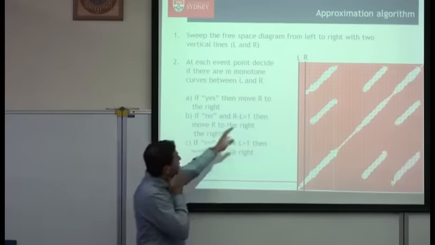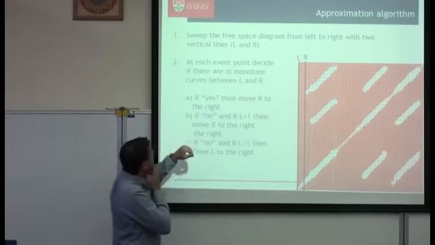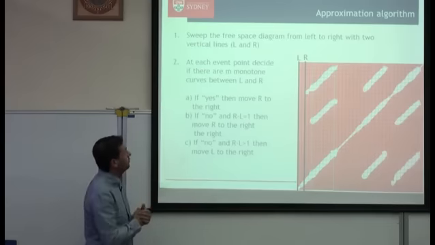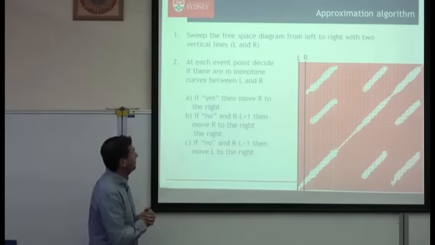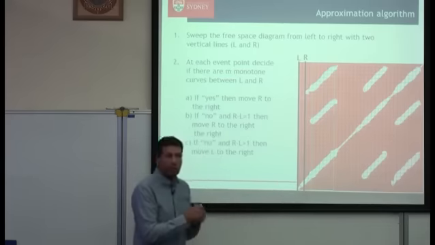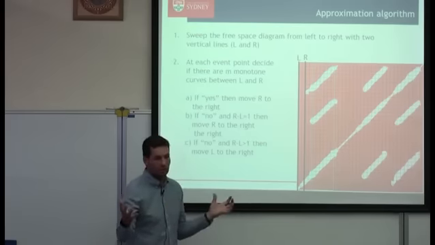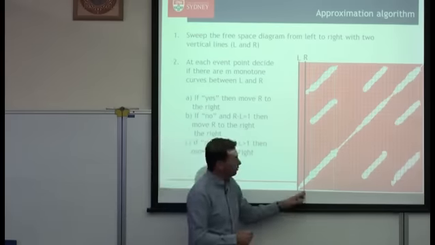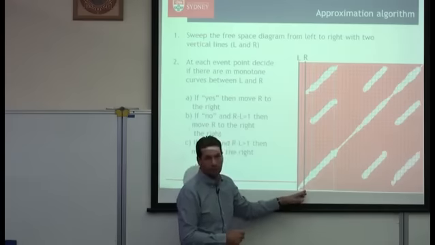So I'll sweep L and R. At each event point, I decide if there are m monotone curves between L and R. Okay. So if I answer yes, well, then I want to make it longer, right? Because I want to report the longest cluster. So that means that I will move R 1 step to the right.